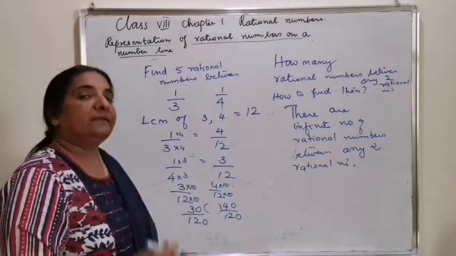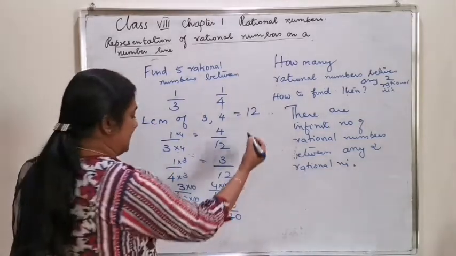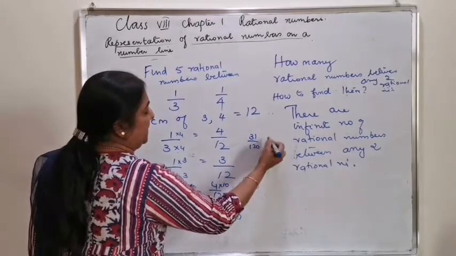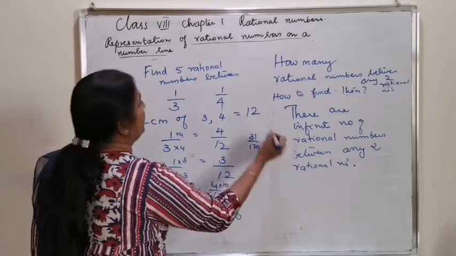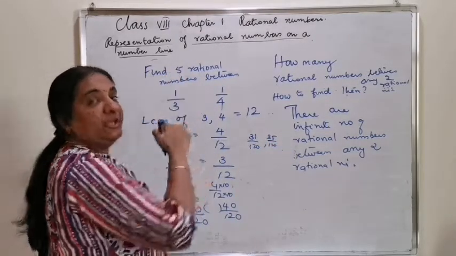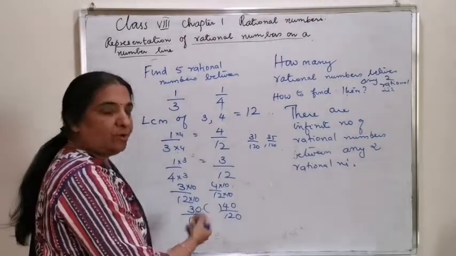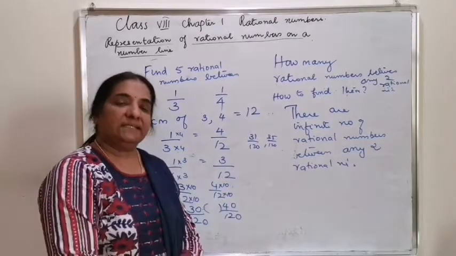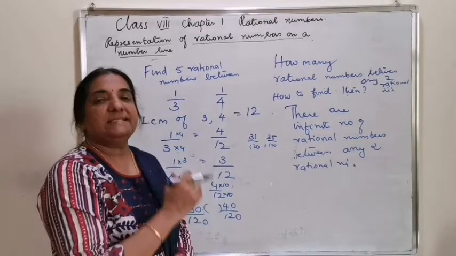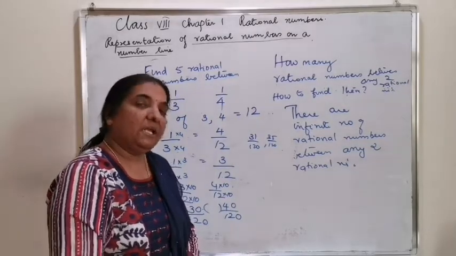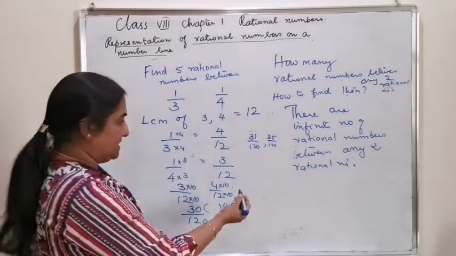You can get 9 rational numbers such as 31 by 120, 35 by 120; you need only 5. In case you need more, multiply by 100 or 1000. This is the method of inserting rational numbers between any two rational numbers.